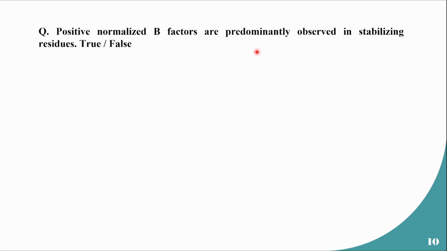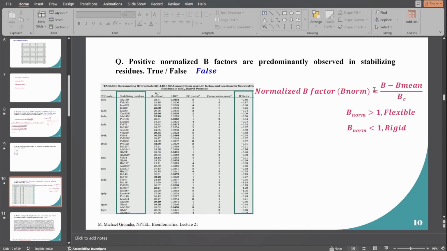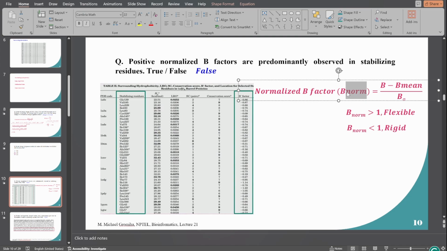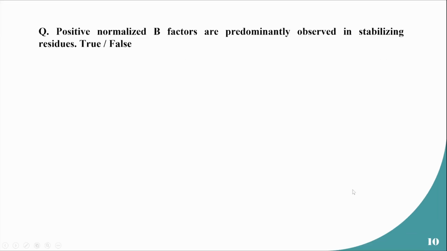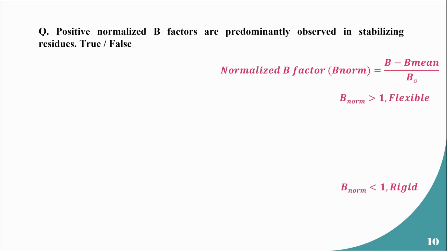In this particular case, it is asking about normalized B factors. The B factors have been normalized, and the formula for calculating the normalized B factor is B norm equals B minus B mean divided by B sigma.